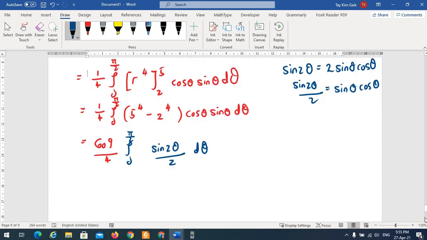Or if you want to use your calculator to integrate it, you also can. So the total is 609 divided by 8. Factor out 2, so 4 times 2 is 8.